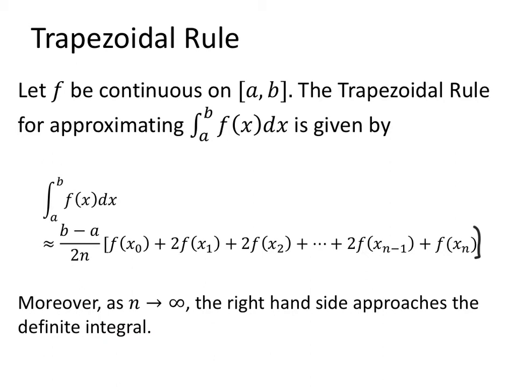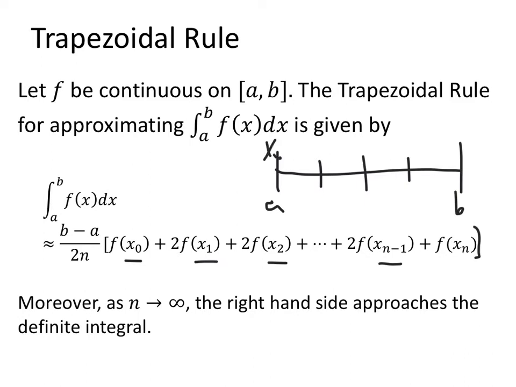The most important part, I would say, is how do we find these values? What are the x sub i's? If I have any interval cut from a to b, maybe n equals 4, and I have 4 intervals, well, here I'll have x0. This will be x1, x2, x3, and finally x4.